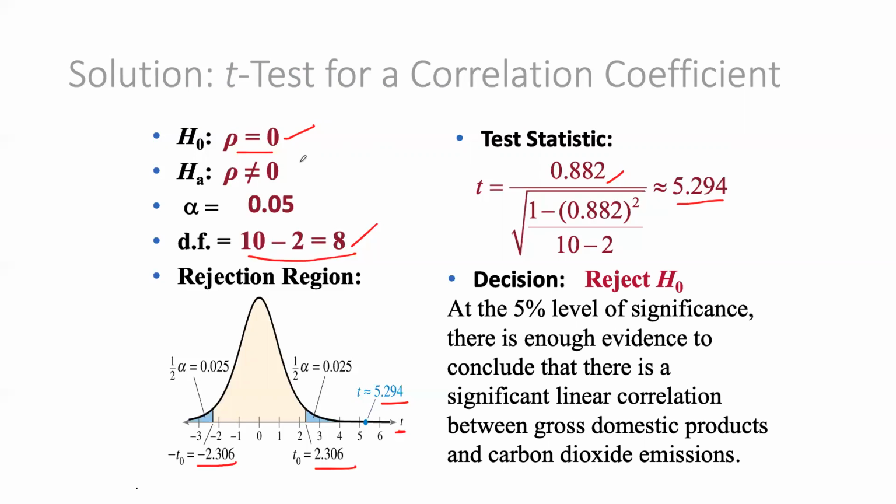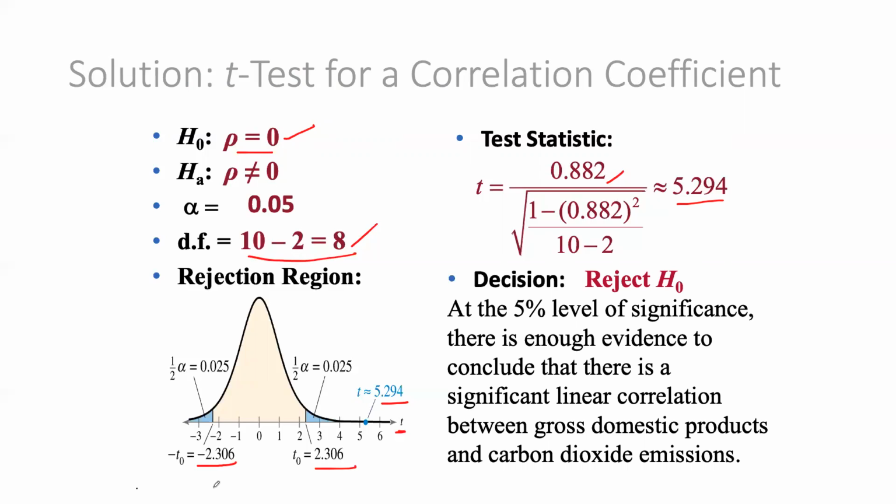Okay. So there's two ways to test for significance with correlation coefficients. One is to just look through the table that we did, the first method. The second method is to conduct a hypothesis test. The usual methods are in play, and we only do a two-tail test for the correlation coefficient. Rho is equal to 0, rho not equal to 0. Alpha is 0.05. Degrees of freedom are 8.